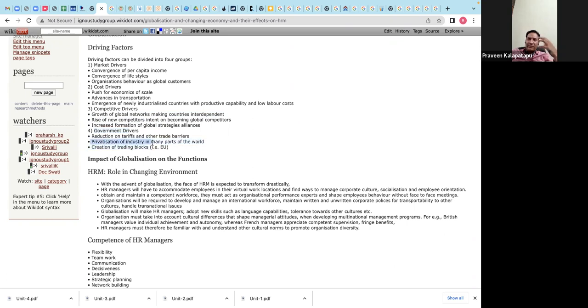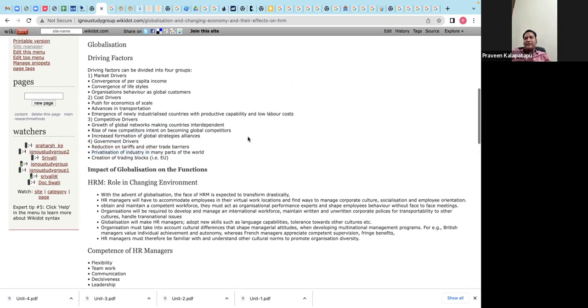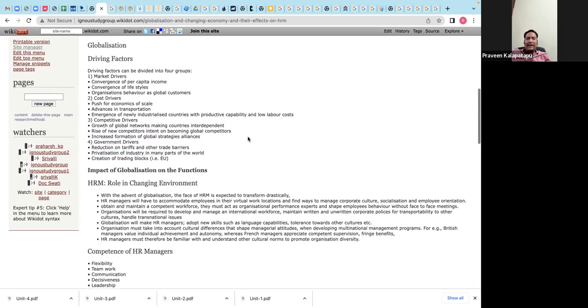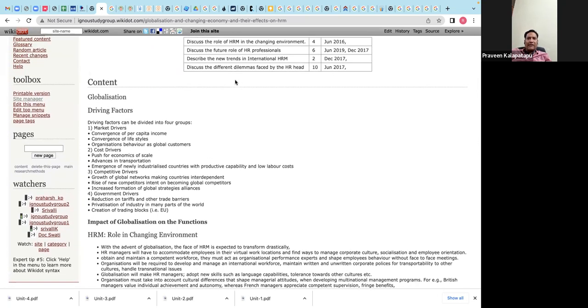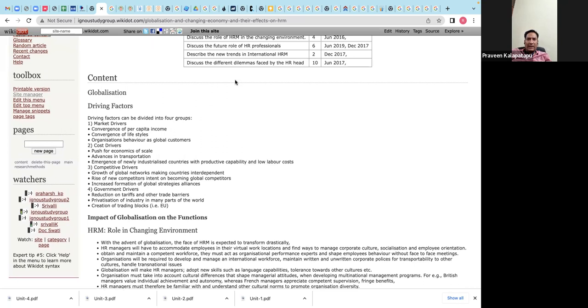Maybe they are giving something like an SEZ, or they are giving tax rebates or whatever it is. So that is government drivers. So four: market drivers, cost drivers, competitive drivers, government drivers. These are four drivers for an organization for why they want to be globalized.